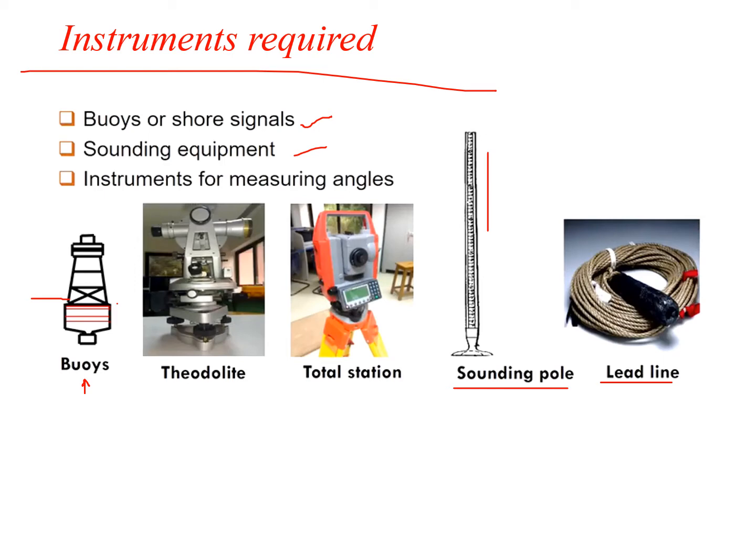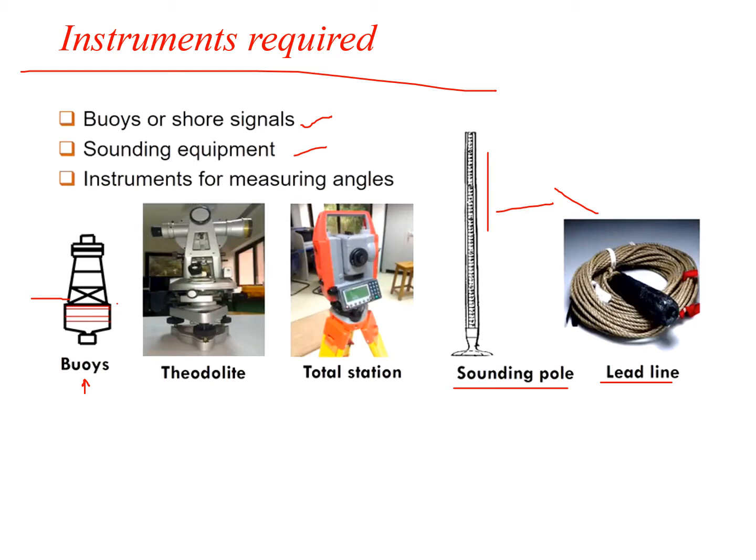These two things are used for shallow water depth. But what happens if the depth is deep? Generally, up to 10 meters is called shallow water depth, and more than that we call deep water.